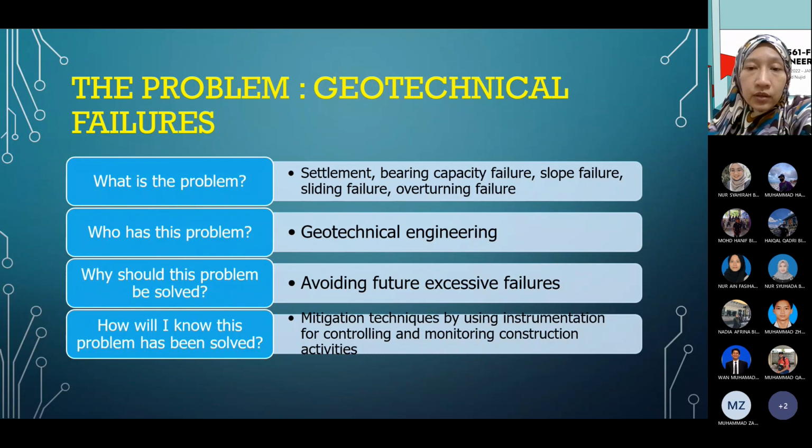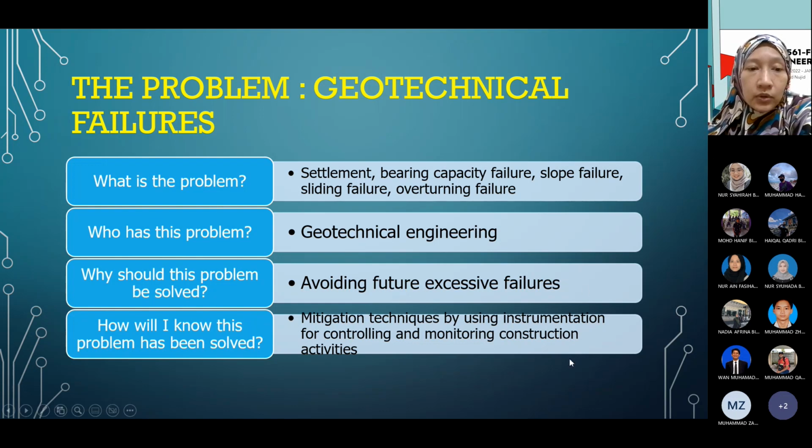So we want to prevent that failure from getting worse, which consumes a lot of money to be repaired. So maintenance or monitoring can be done frequently or periodically, so we can save in terms of the budget.